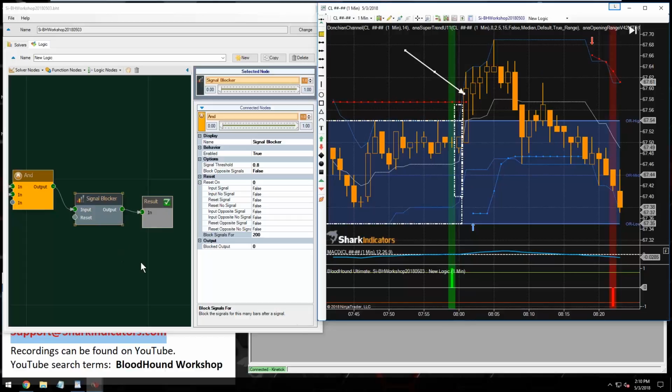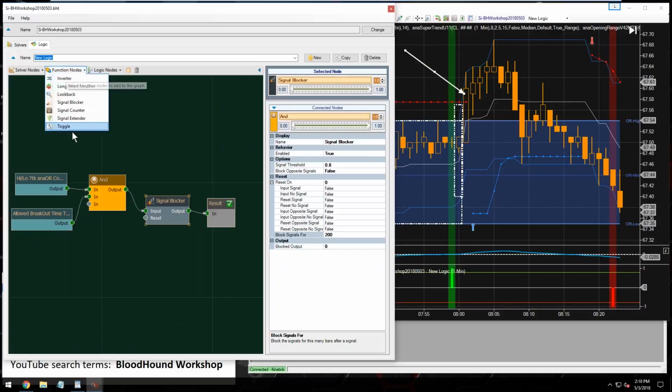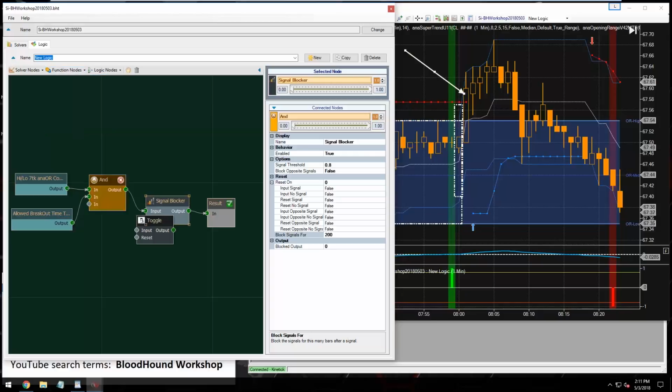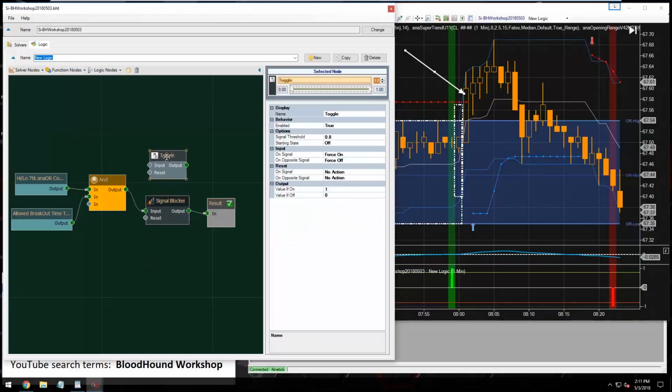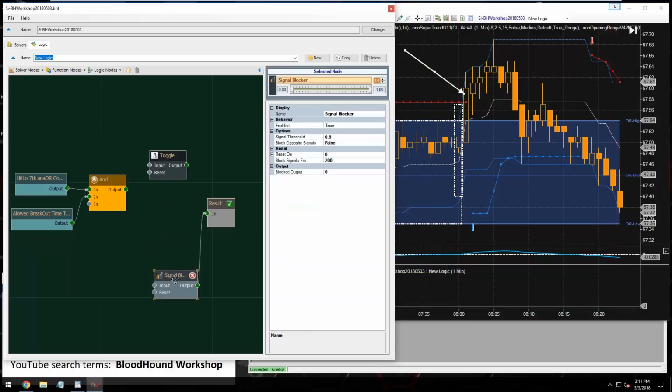So let's see here. This is going to get interesting. I think I'm going to need a toggle node. I'm just thinking of some solutions here.